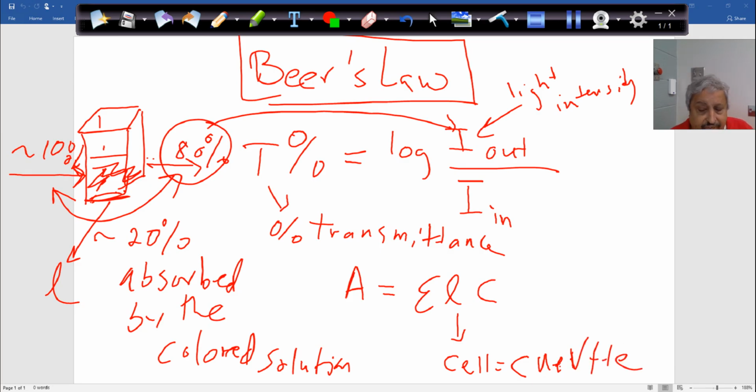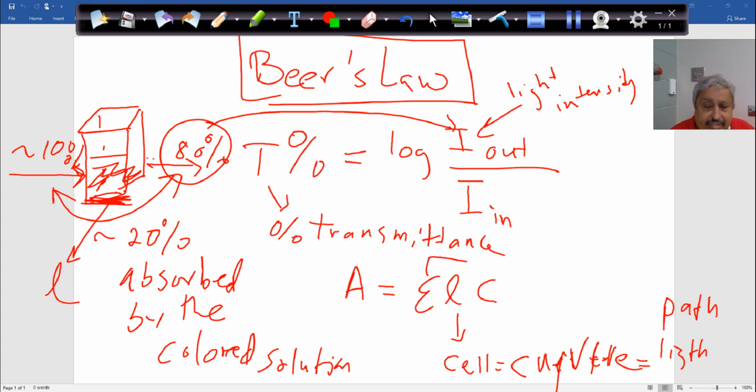So cell or cuvette, that's the length of the cell here. That's what we call the light path. It is the distance the light crosses from one edge of the cell to the other edge of the cell, correct?